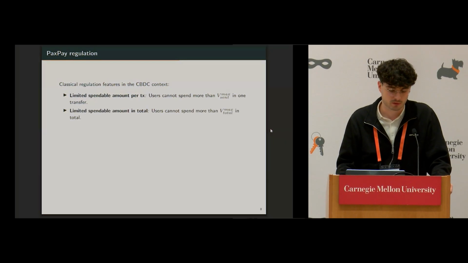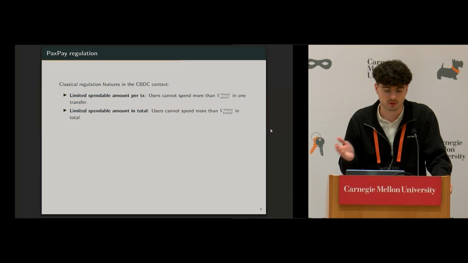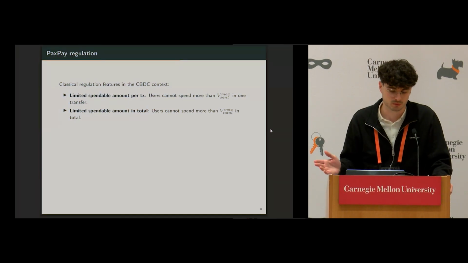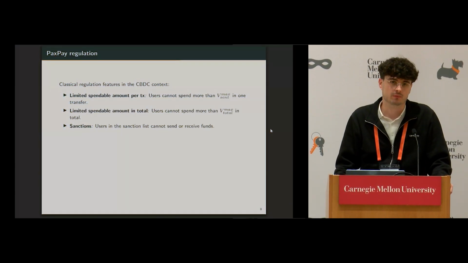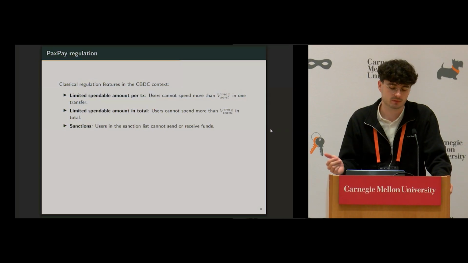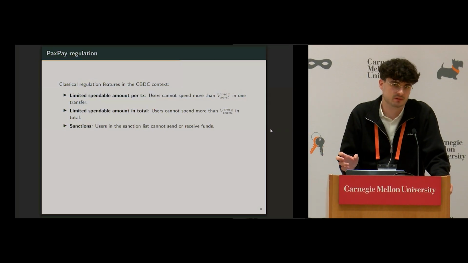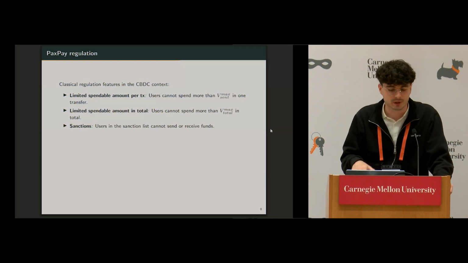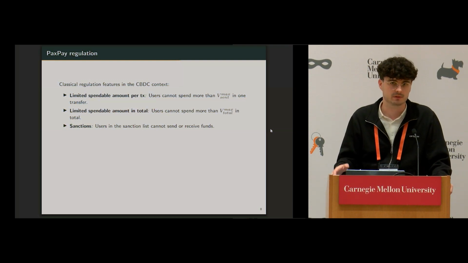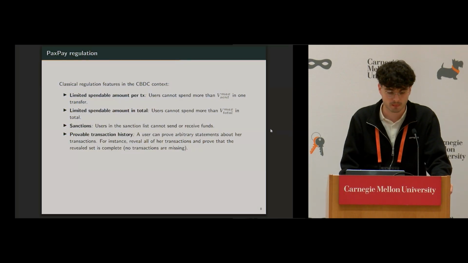We also define a limit on the total amount a single user can transfer in their use of the system. We also define a sanction mechanism, which allows the regulator to freeze the assets of a user, so that the user cannot send or receive funds anymore, but without breaking the privacy guarantees that the system already offers.